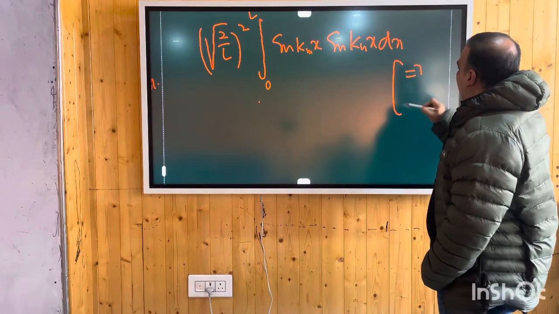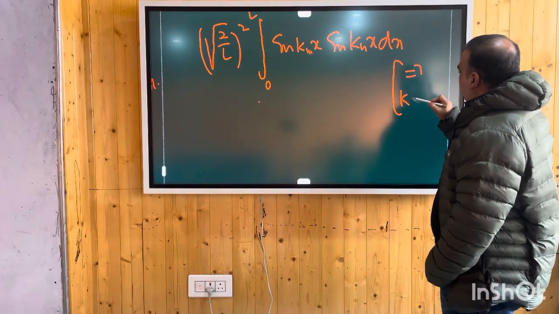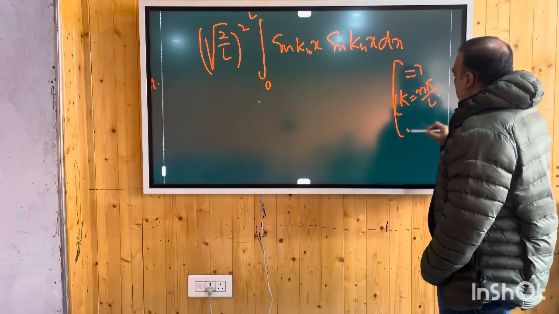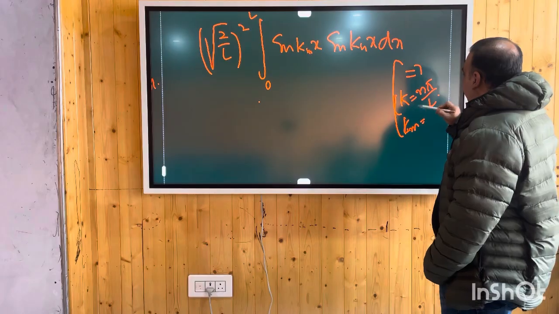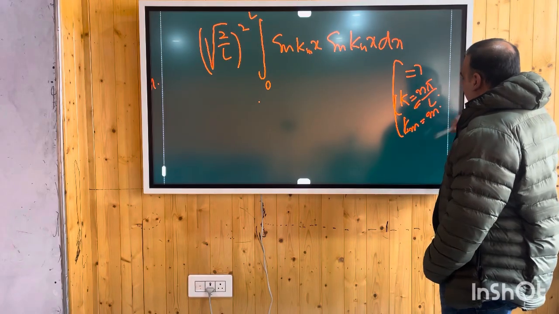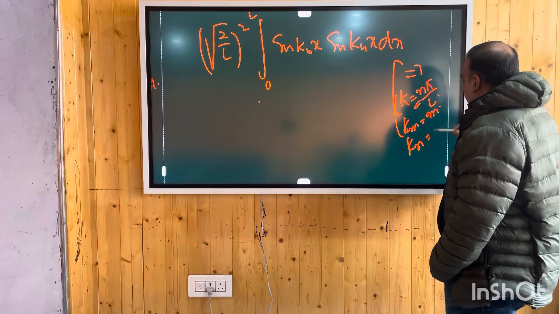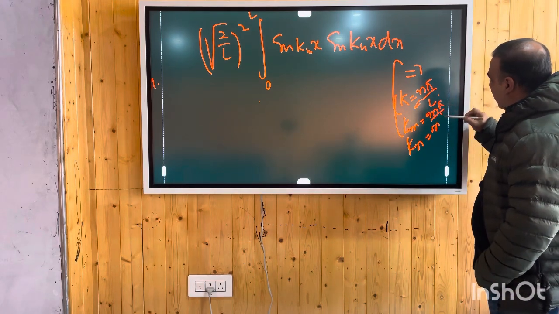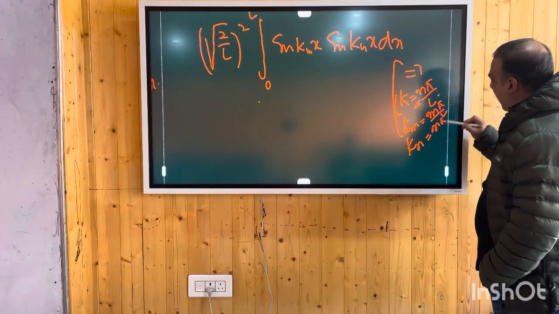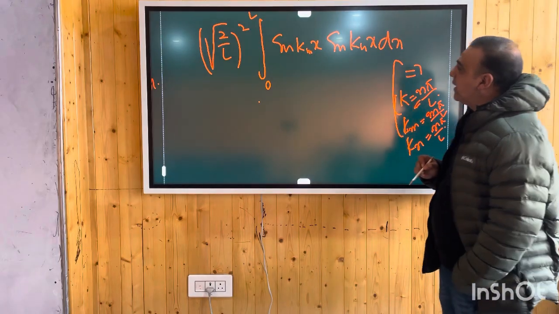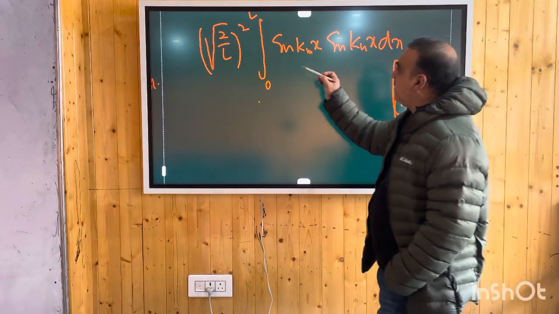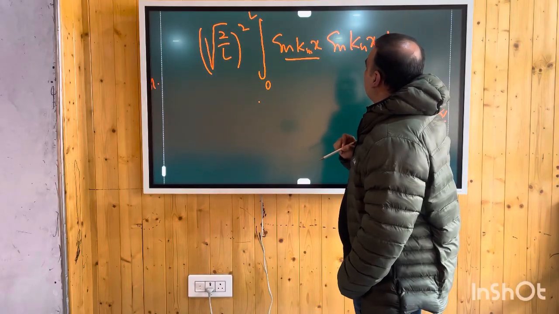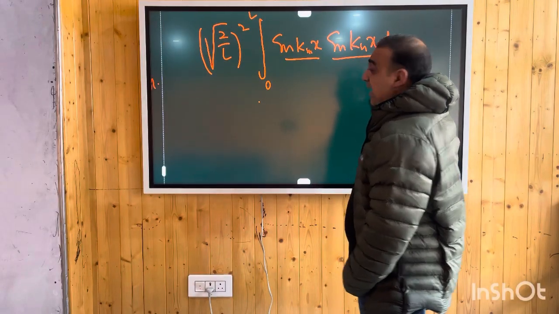We already know that k is n pi by L. So for k m I'm using m, and for k n I'm using n. So this is m pi by L, and this is n pi by L.